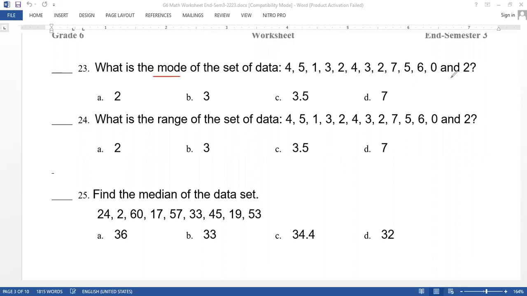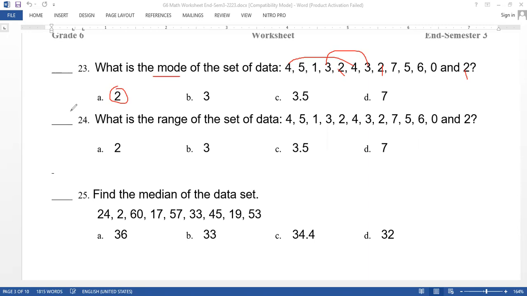Look, the values which repeat a lot are what? 2, three 2s. Now 3, two 3s. 4, two 4s. So the most repeated value is 2. So directly I choose 2.